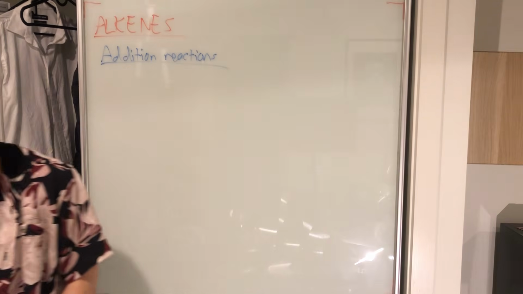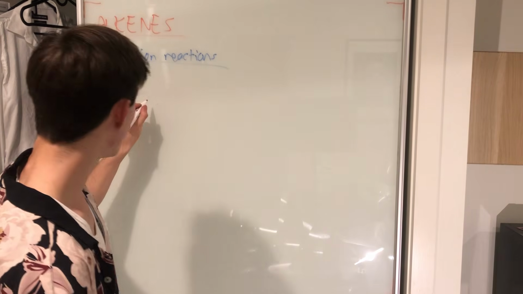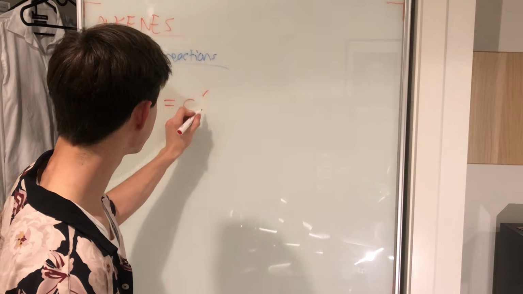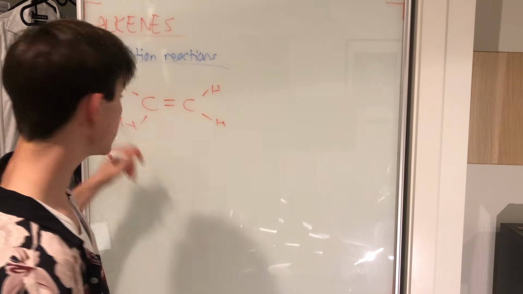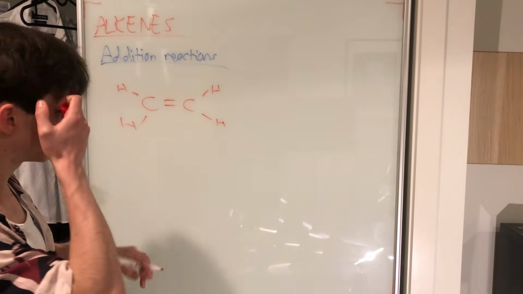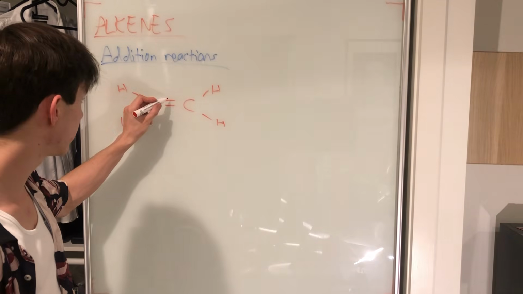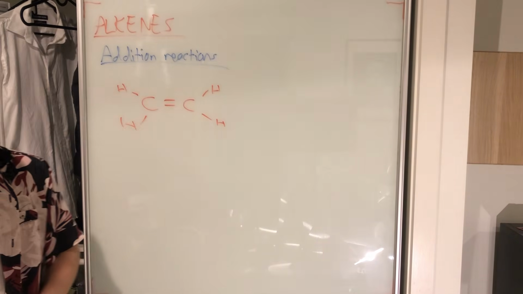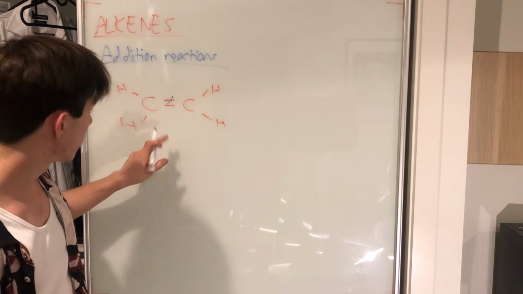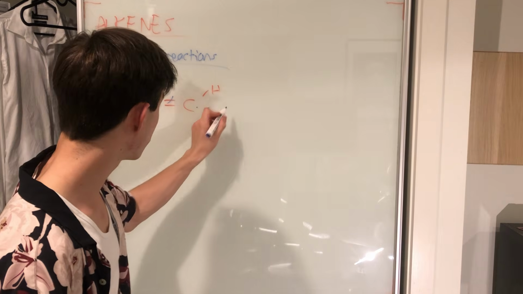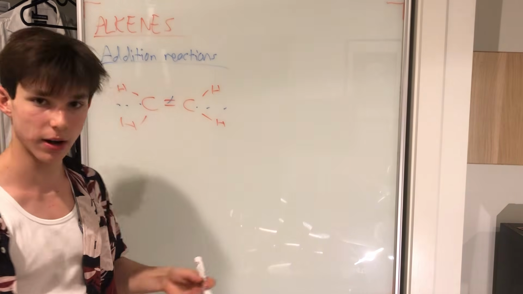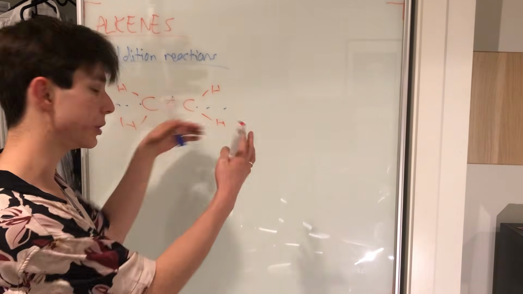So if I just give you that ethene molecule again, what an addition reaction is doing is breaking that pi bond that's further out from the atoms, and now each carbon is only forming 3 bonds. So we have one new bond on each carbon to form to a new atom.